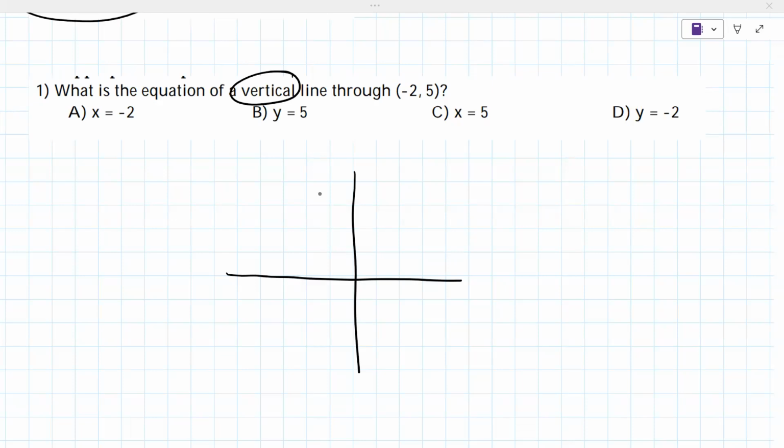So here's negative 2, 5. Just presume that that's negative 2, 5, and this is the vertical line through it. Do you remember from earlier, for the vertical line, is it the X or the Y? Look at the one that we graphed that's up and down. Is that the vertical or the horizontal? And is it X equals or Y equals?